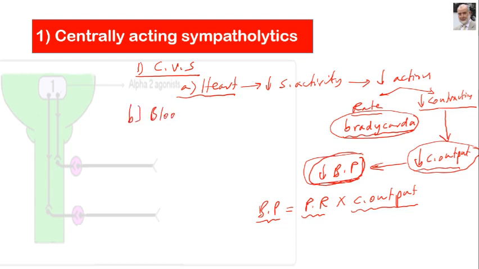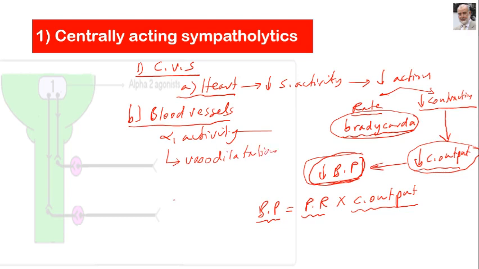Blood vessels are controlled by alpha-1 activity, especially in the skin and the viscera. So if there is no alpha-1 activity, if sympathetic activity is decreased, what will happen to the blood vessel? Vasodilatation.